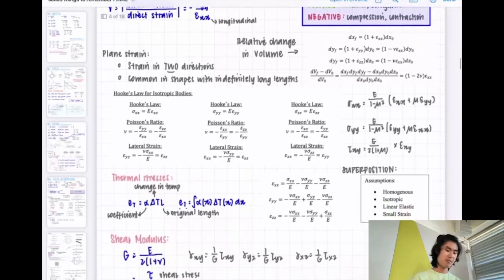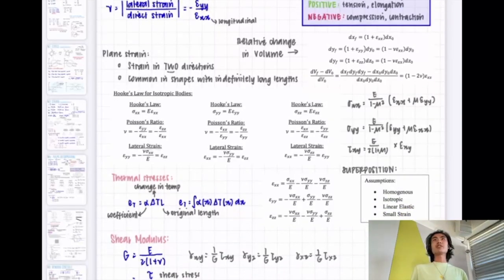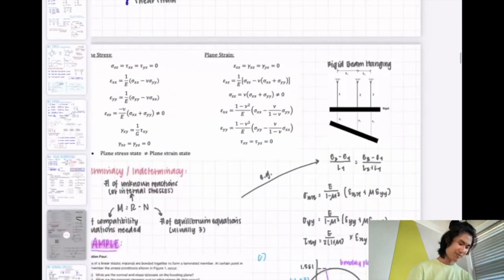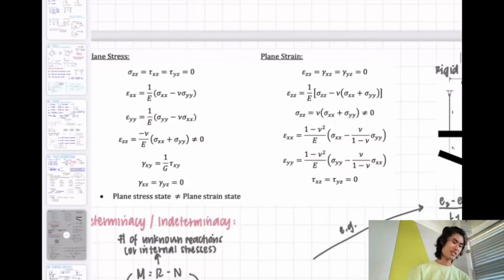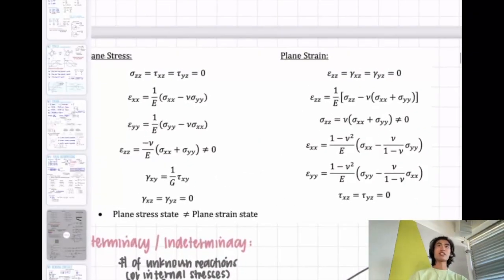In the stress element, remember how there were 3 planes on the 3D element? It's just talking about how it's different for each single plane and how it transfers to another. These are probably the formulas that you're going to receive and you probably want to bring into the exam, because these get used quite a bit in some of the questions.